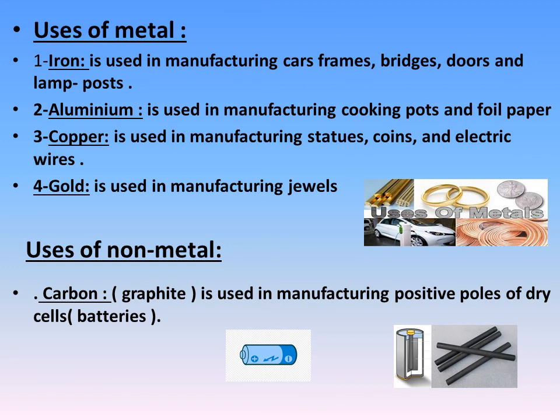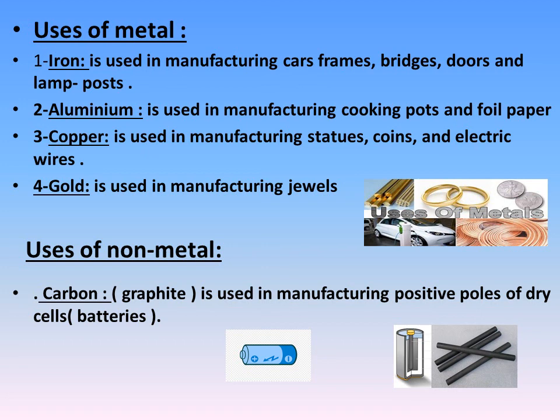Uses of metals. Iron is used in manufacturing car frames, bridges, doors, and lamp posts. Aluminum is used in manufacturing cooking pots and foil paper.